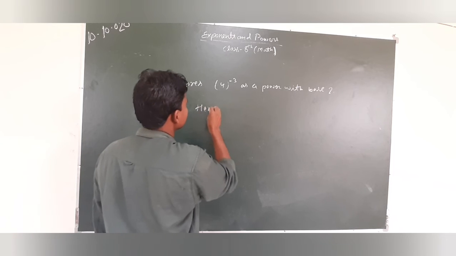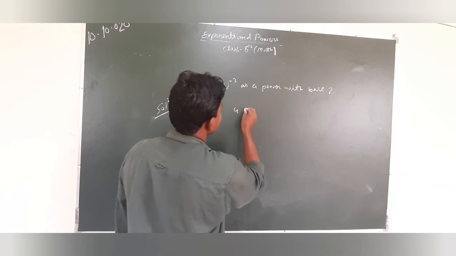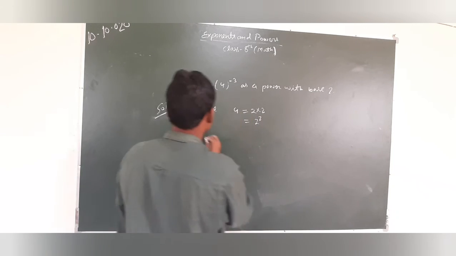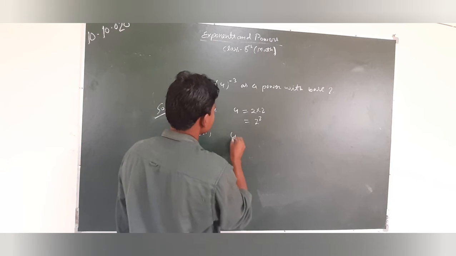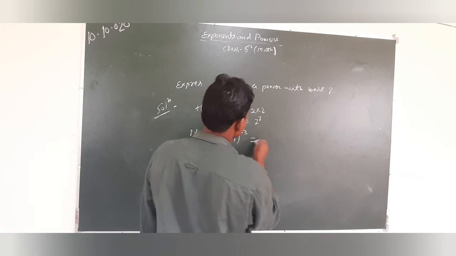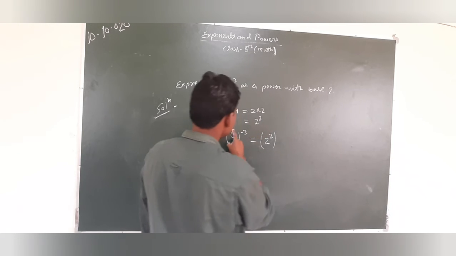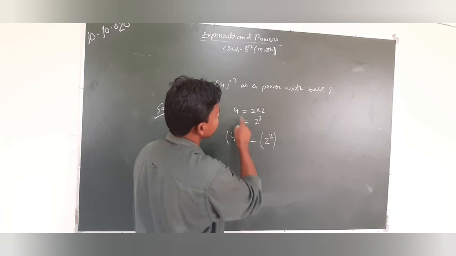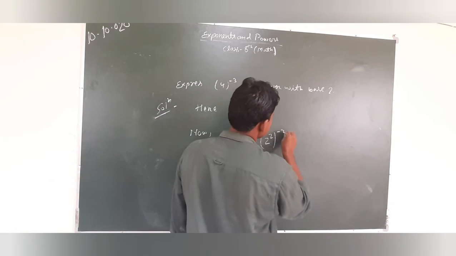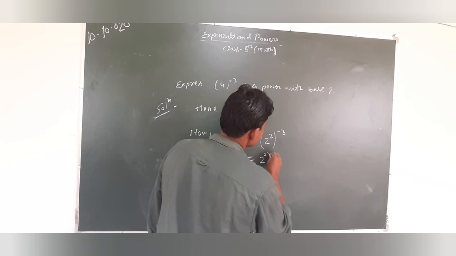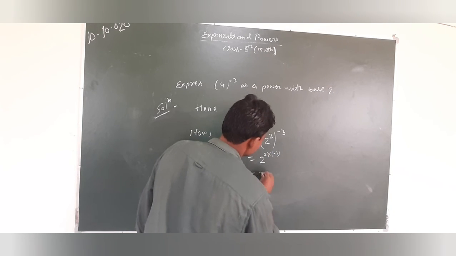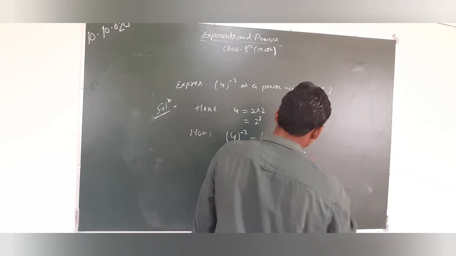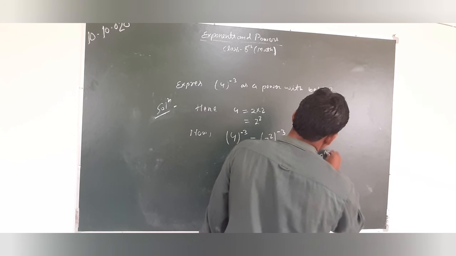Here 4 can be written as 2 into 2, that equal to 2 to the power 2. Now 4 to the power minus 3 equal to 2 to the power 2, that means we write 2 to the power 2 in place of 4, because 4 can be written as 2 to the power 2, and power minus 3 equal to 2 to the power 2 into minus 3 equal to 2 to the power minus 6, a to the power m to the power n equal to a to the power m into n.